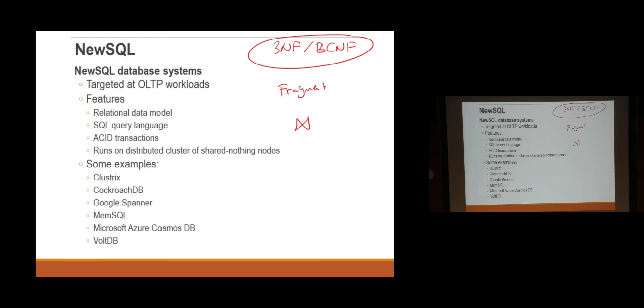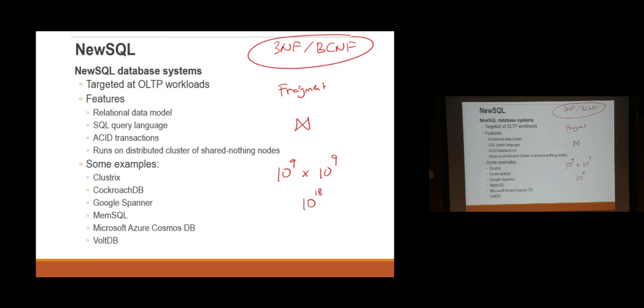Natural join is expensive. If you have 1 billion rows in one table, and 1 billion rows in the other table, you potentially have 10 to the power of 18 rows in the intermediate result.